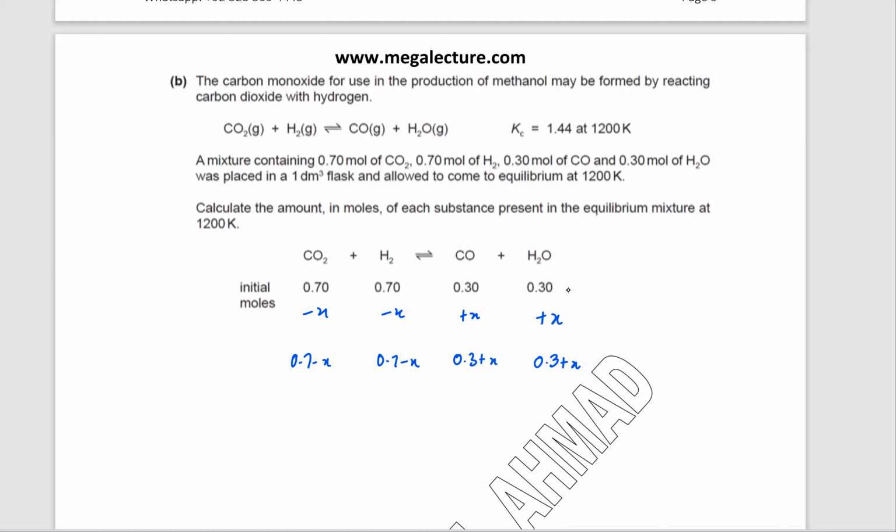So which one is the correct one? If you look at it, your moles cannot be negative. Because it's a quadratic equation, you're going to get both plus and minus values. So which x value would give you negative moles? 5.7. Okay, so you're not going to use 5.7.